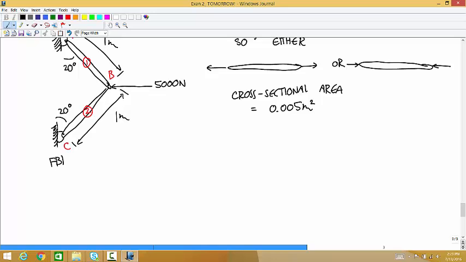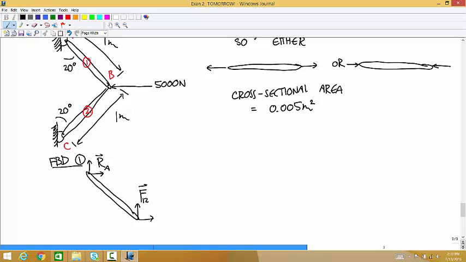So I'll do a free body diagram of member 1. There's a force vector here of RA. There's a force vector here of the force on 1 by 2.